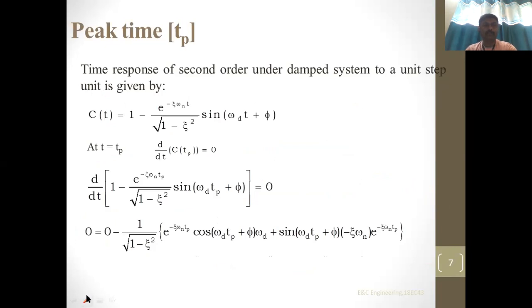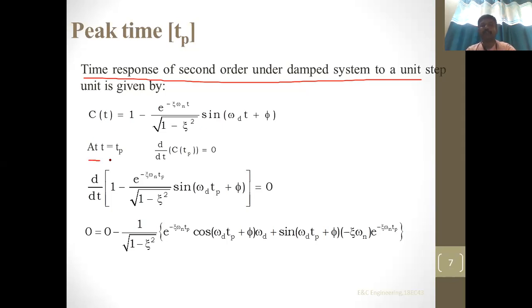Before we go for the peak, let me make use of the time response of the second order underdamped case output expression, that is C of t is equal to 1 minus e power minus xi omega n t divided by root of 1 minus xi square into sine of omega d t plus phi.